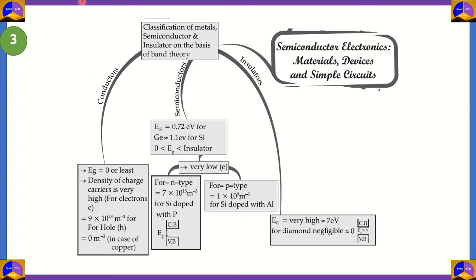Therefore, the solids with the least energy gap, which is 0 or maybe point values, are the conductors. In a conductor, there is a partially filled conduction band, and the valence band electrons move towards the conduction band, and the bands overlap. So there is zero energy gap.